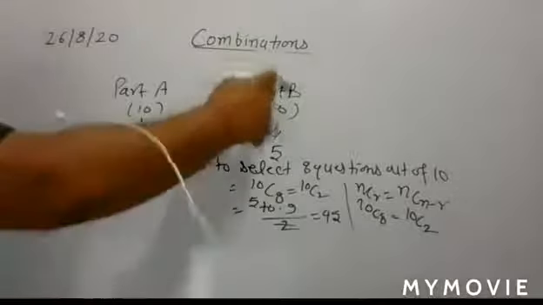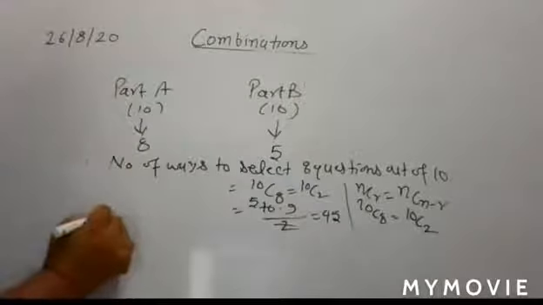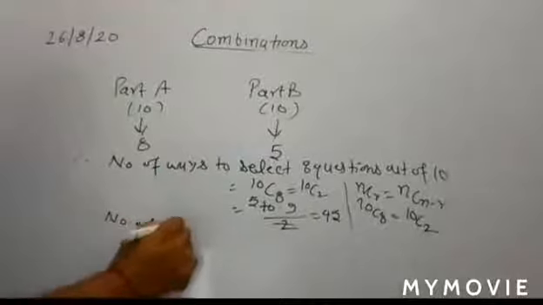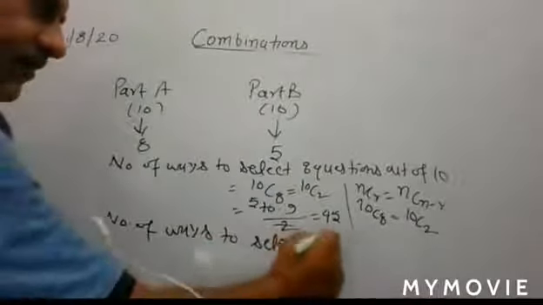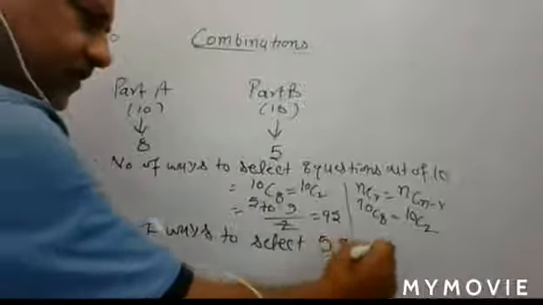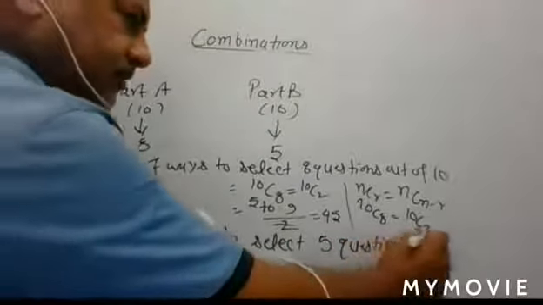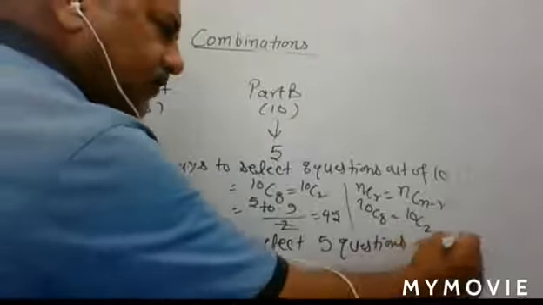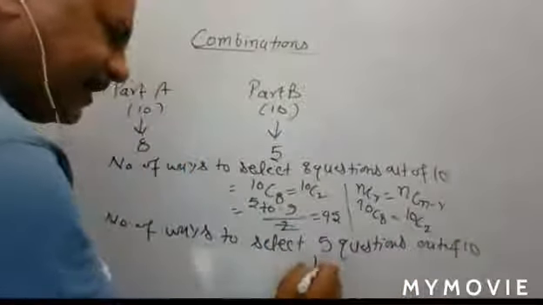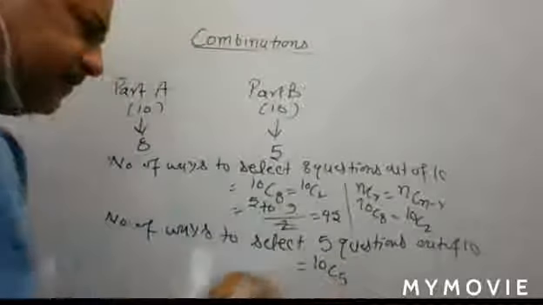In the same way, you check it for part B. The number of ways to select 5 questions out of 10 can be done by 10C5.